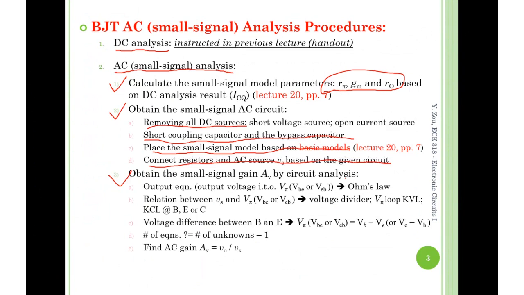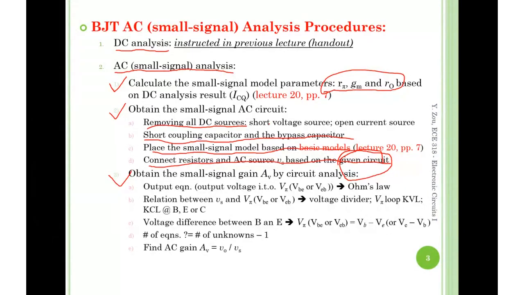That means you're not relying on your memory or your imagination, you're relying on whatever is given, because the given circuit might look various ways. We have so many options and possibilities. So you read the given circuit and accordingly come up with the small signal circuit.